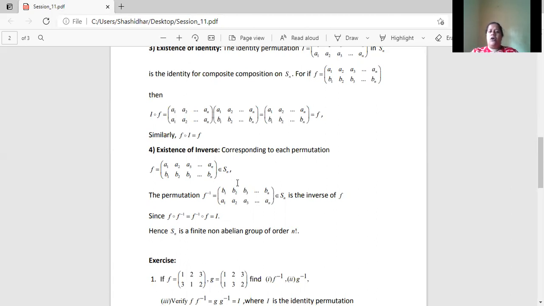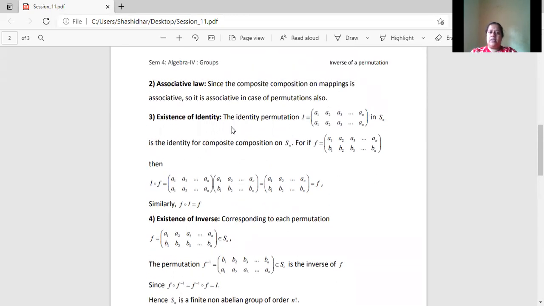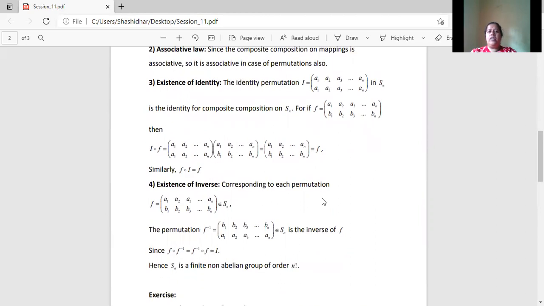Therefore, here all the four axioms of group are satisfied. That is, closure law is satisfied, then associative law is satisfied, and the identity permutation exists, which is I. And also we have the inverse permutation for each permutation in Sn.